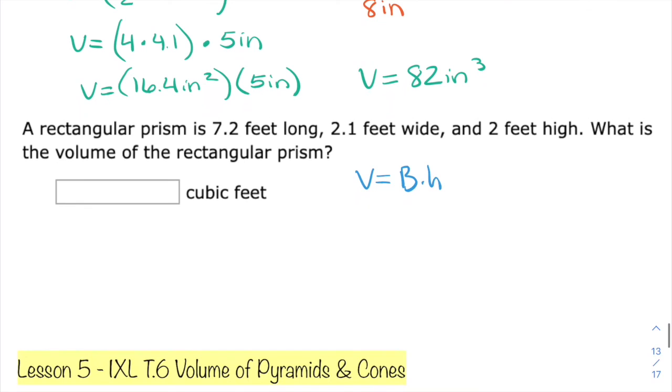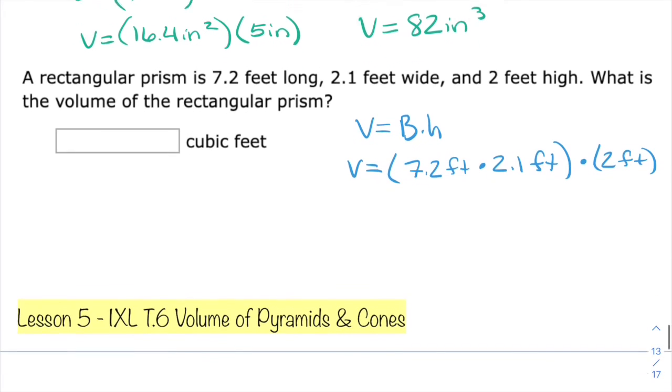It doesn't really matter. We'll use 7.2 feet and 2.1 feet as the length and width of the base, and then the height being 2 feet. And so we have 7.2 times 2.1.